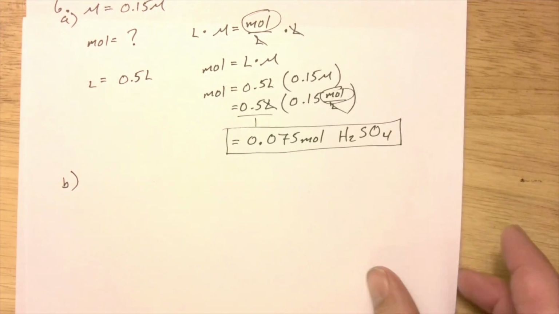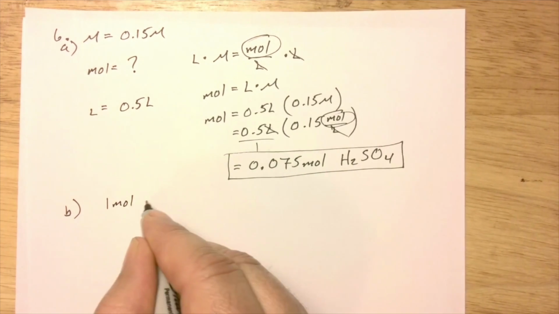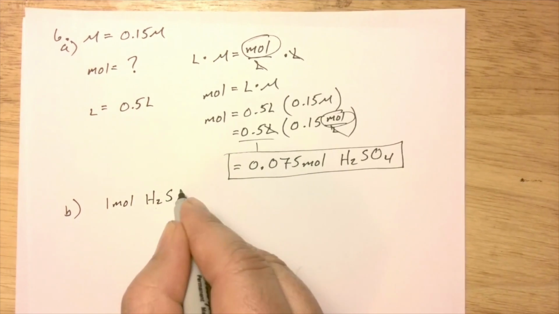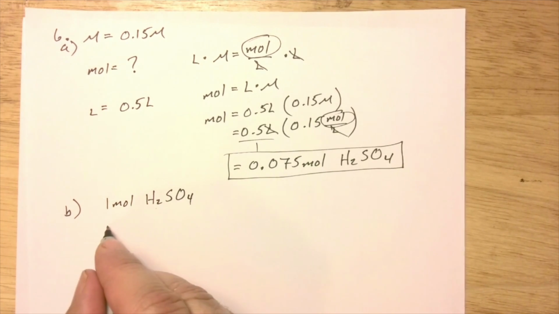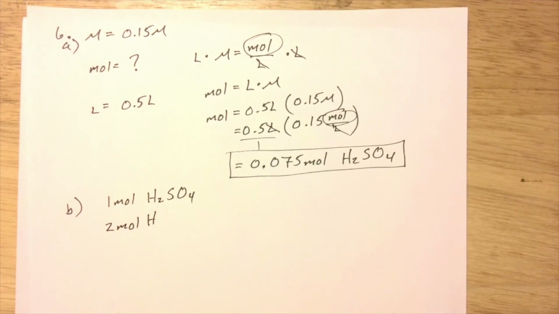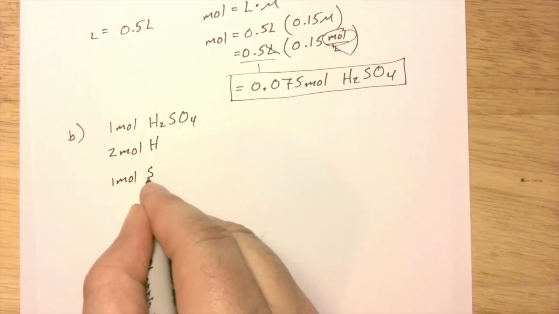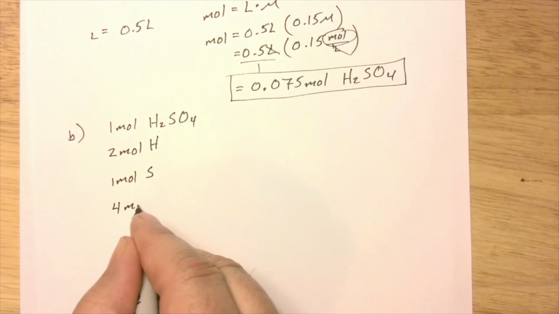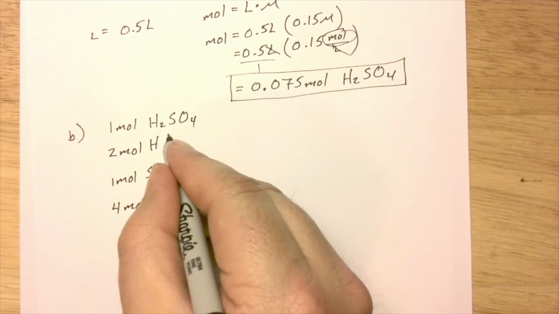So for sulfuric acid, if you have 1 mole of it, this means that for every 1 mole of sulfuric acid, you're going to have 2 moles of hydrogen, 1 mole of sulfur, and 4 moles of oxygen. We need to use a periodic table.